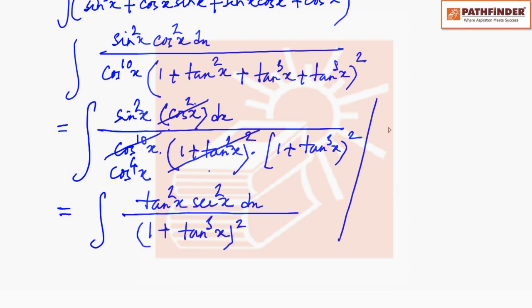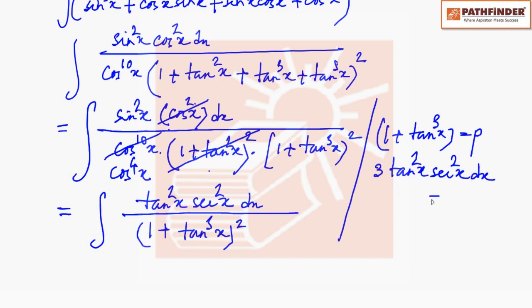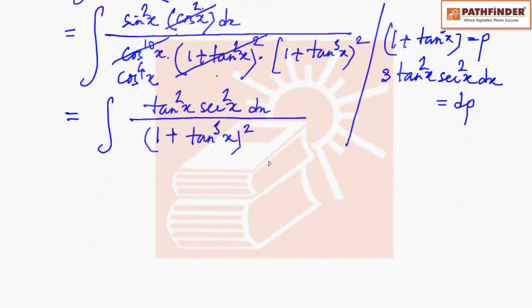Now we put 1 plus tan cube x equal to p, then it becomes 3 tan square x sec square x dx equal to dp. So what does my integration become?